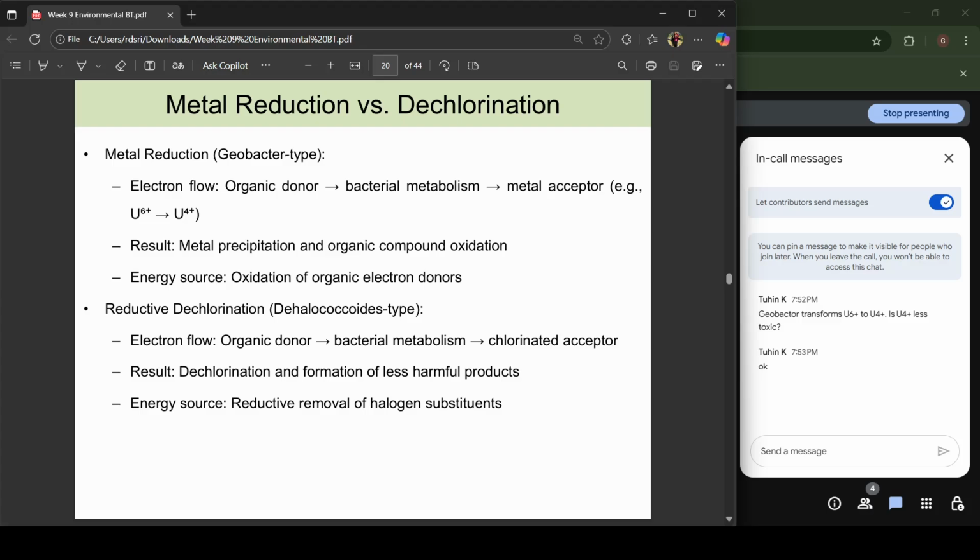So this concept is common to many metals. That is why we are trying to change the oxidation state of the metal, precipitate it and take it out of the system. Similarly, when that goes into the body, it will not have that much solubility or mobility inside the body, also, like in the water stream. So, that is why we can call it a little less toxic, but still it is toxic.